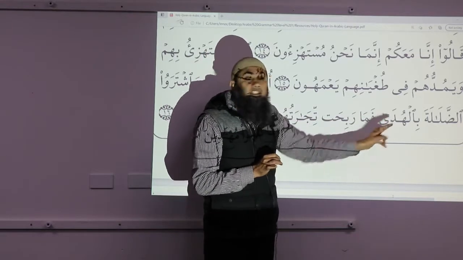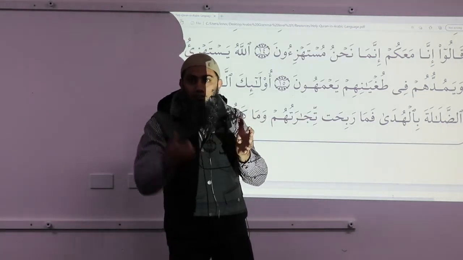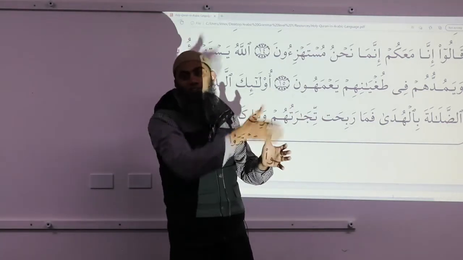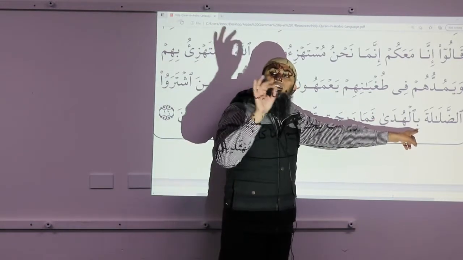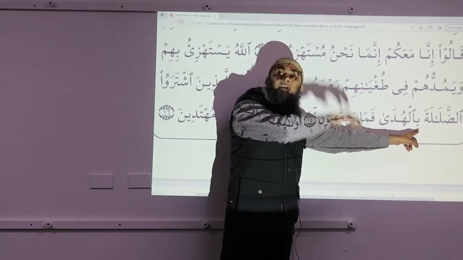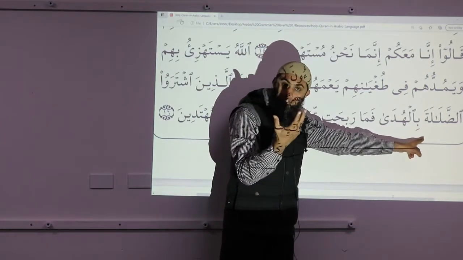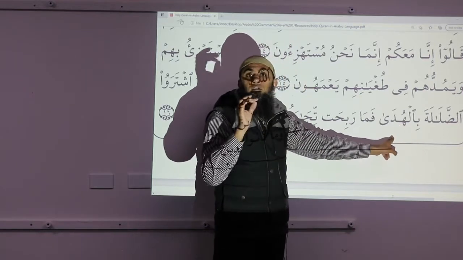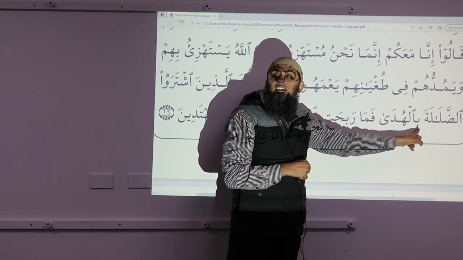So mabni means it will not tell you its status by the look of it. It will be defined by the previous word. Because this word is jar or preposition, and whatever ism comes after that has to be in jar status. So ba is the jar or preposition, al huda is an ism in jar status. They together are murakkab jari.